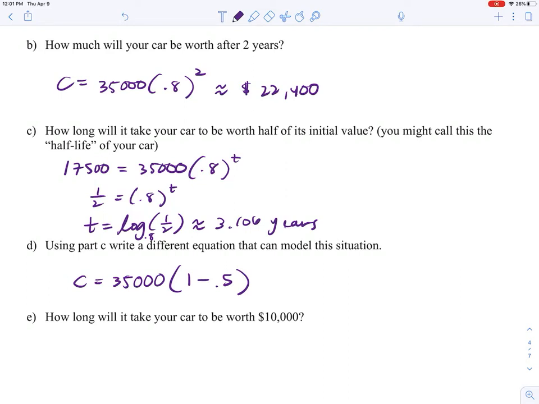It takes approximately 3.106 years. So if we still want our input to be number of years that have passed, to figure out the number of periods that have occurred, you would take the number of years that have passed, or how old your car is, and then divide it by that half-life. So divide by log base 0.8 of 1/2.